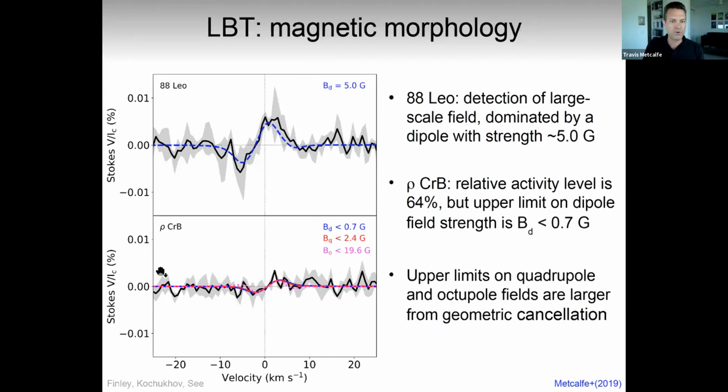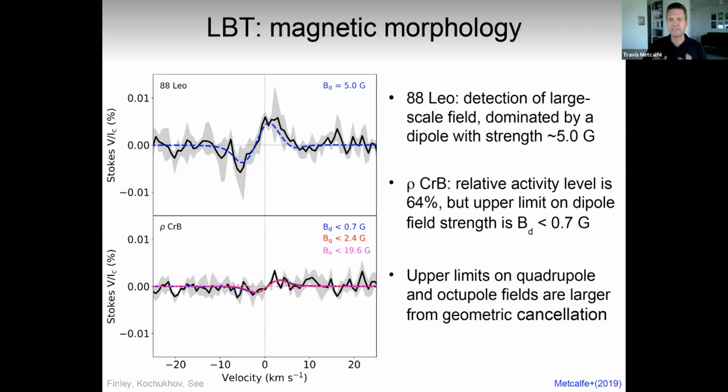While for Rho CrB, there's no significant detection, but we can use the little blip around the line center to set upper limits by assuming either a dipole, quadrupole, or octupole field. Now, we know the relative activity levels of these two stars based on long-term measurements of their chromospheric activity, and we know Rho CrB is 64% as active as 88 Leo.